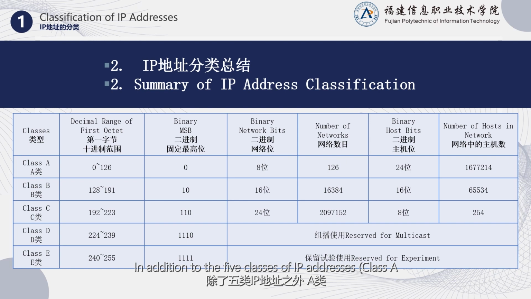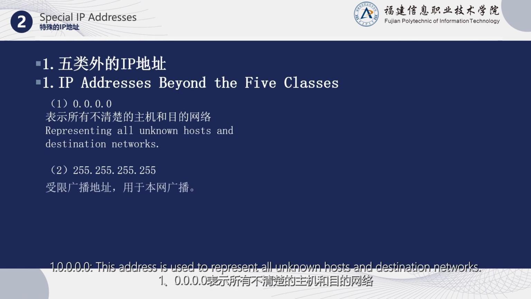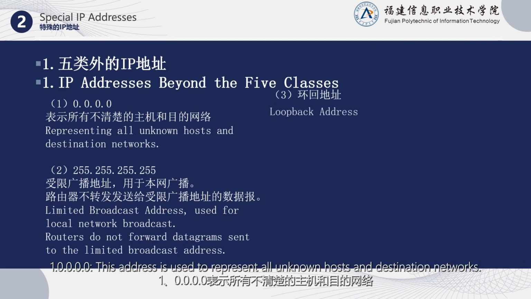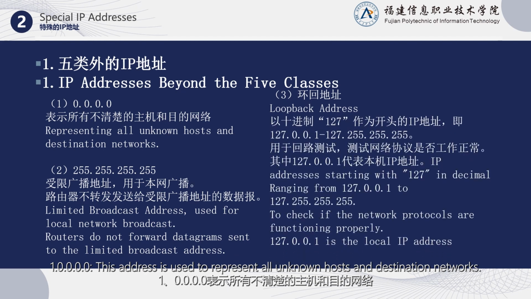In addition to the 5 classes of IP addresses, Class A, Class B, Class C, Class D, and Class E, there are also some special IP addresses. 1. 0.0.0.0. This address is used to represent all unknown hosts and destination networks.